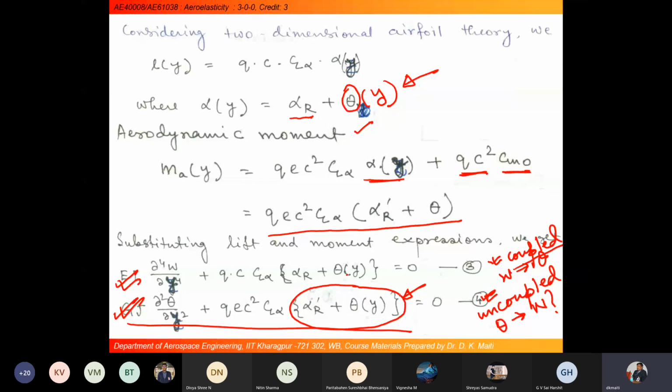Due to torsional deflection, the induced lift comes because this is the rigid angle of attack, and due to deflection the additional lift is coming here. That is the induced lift due to flexibility of the finite wing.